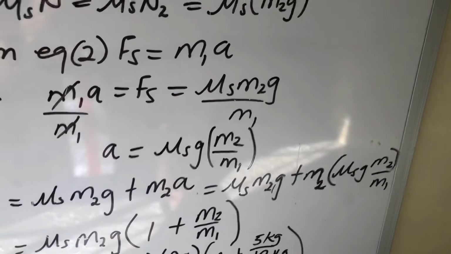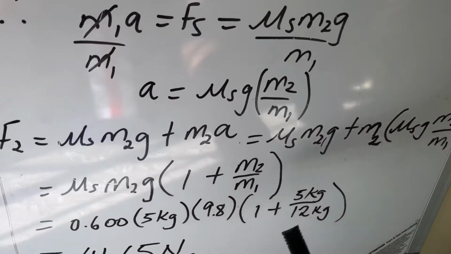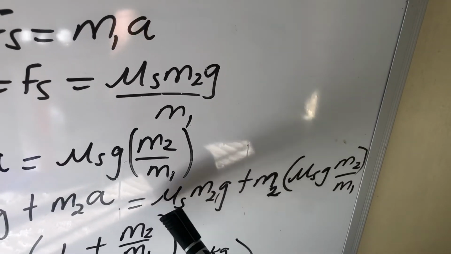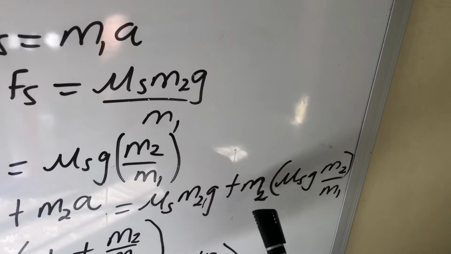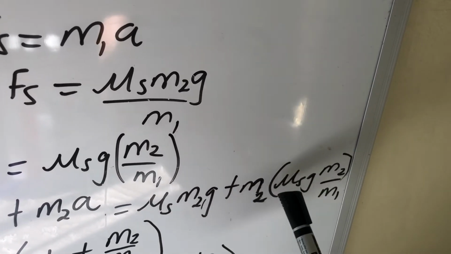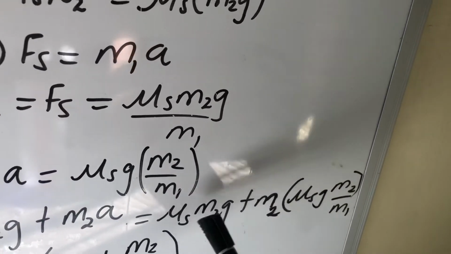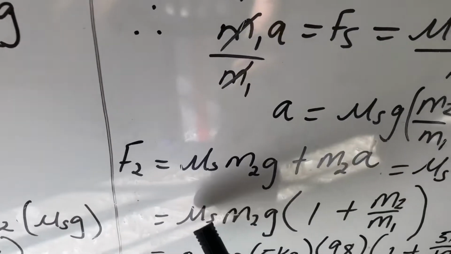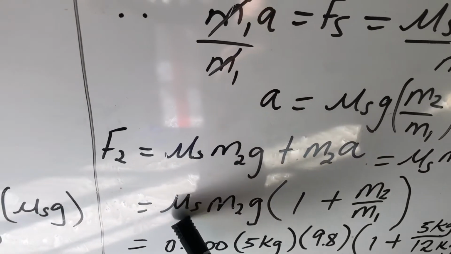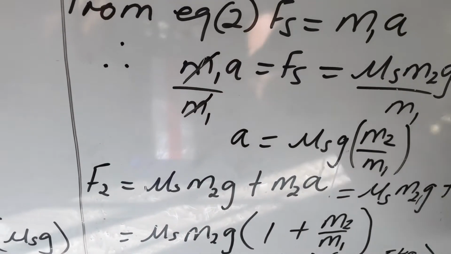Then if we simplify that, we can find that mu s M2G is common on both sides. So mu s, M2 and G are common. That's why I had to factor out mu s M2G, because it's common on both sides.